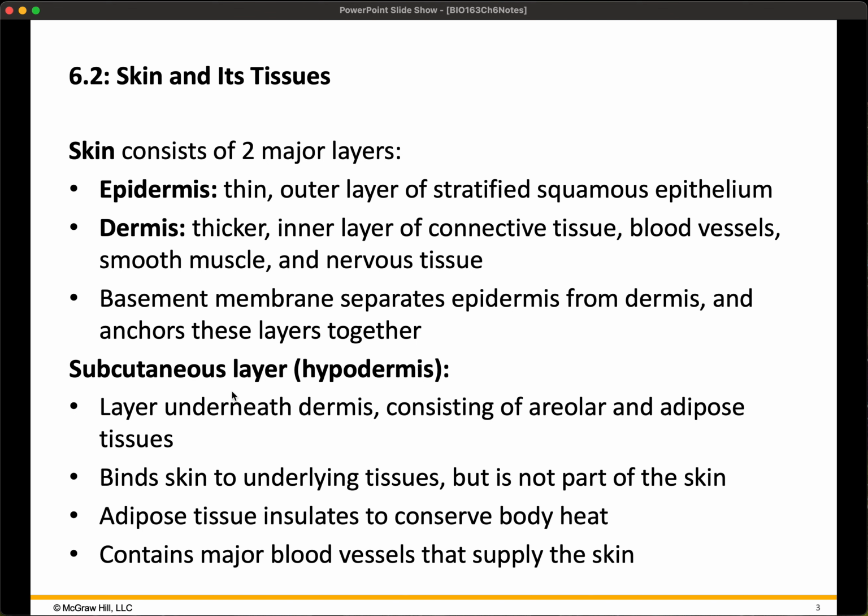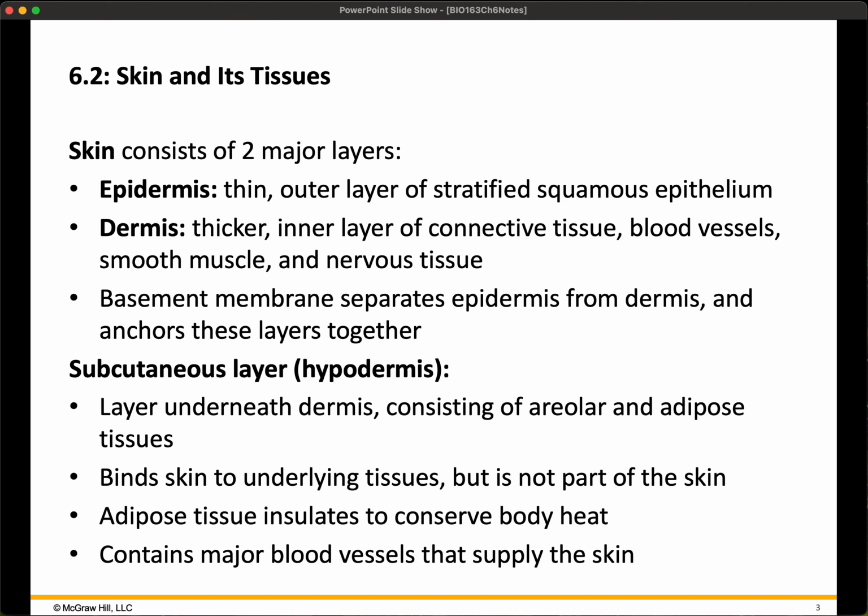It's just a layer of cells that helps to keep things organized and structured. Like I said, beneath that is the hypodermis, hypo meaning below, underneath the dermis. It has mostly areolar and adipose connective tissues. The adipose tissue is really good for insulating and conserving body heat. That areolar loose connective tissue helps to bind the skin to the muscles and structures underneath, but still has a little bit of mobility to it.